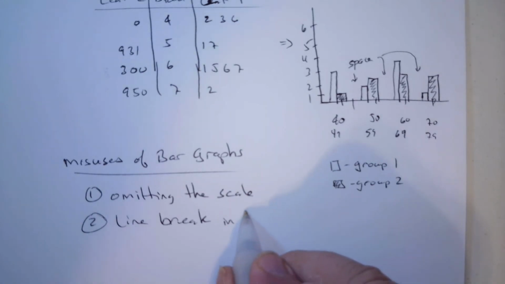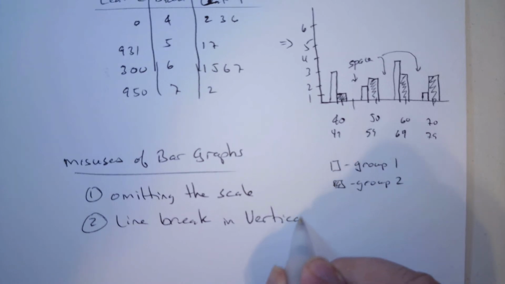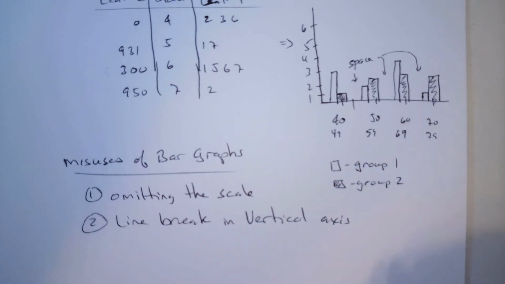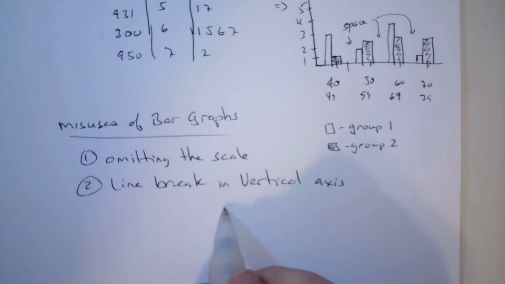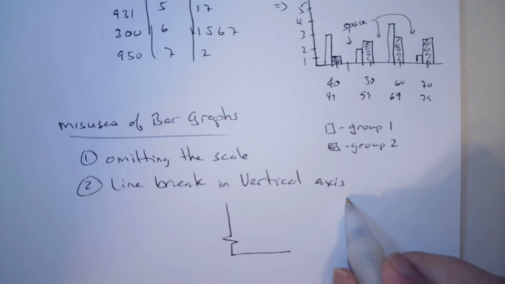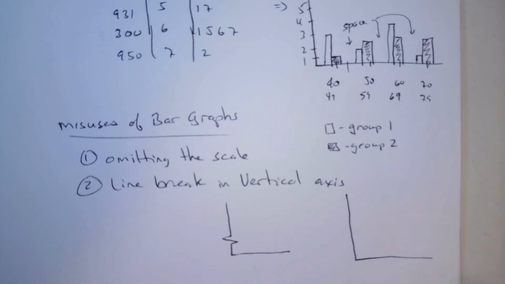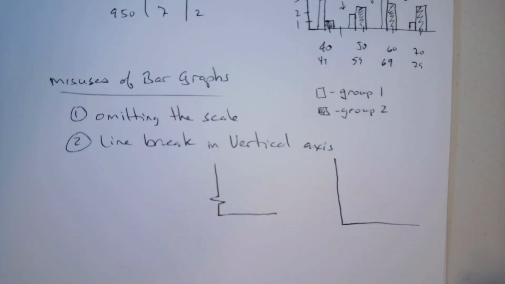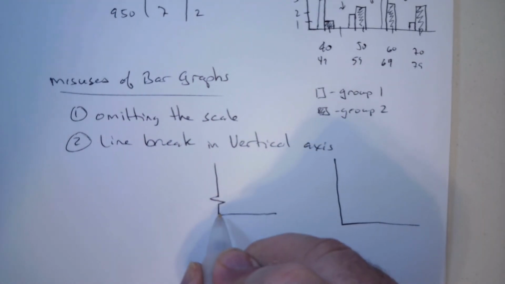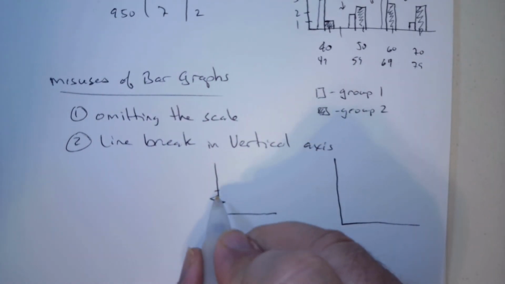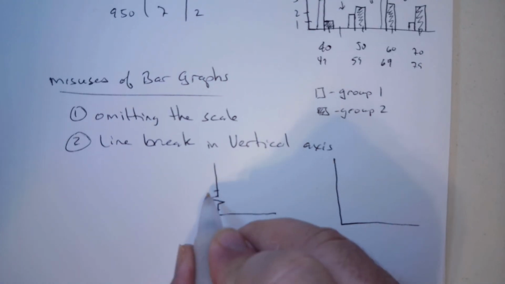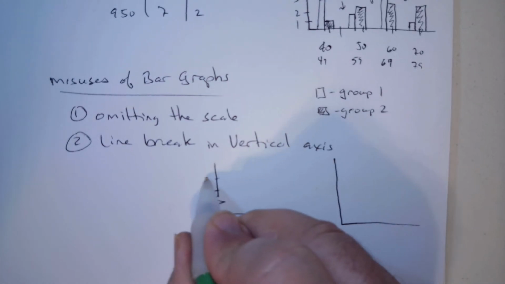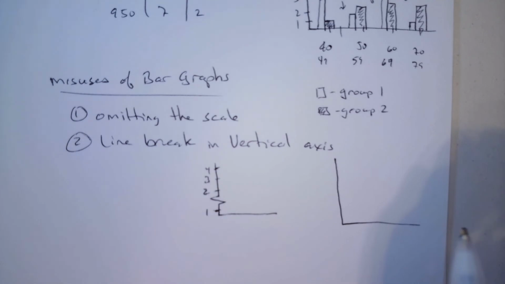A line break in the vertical axis. So if you have a line break between your numbers, or in your number data set, you have 1, 2, 3, 4.